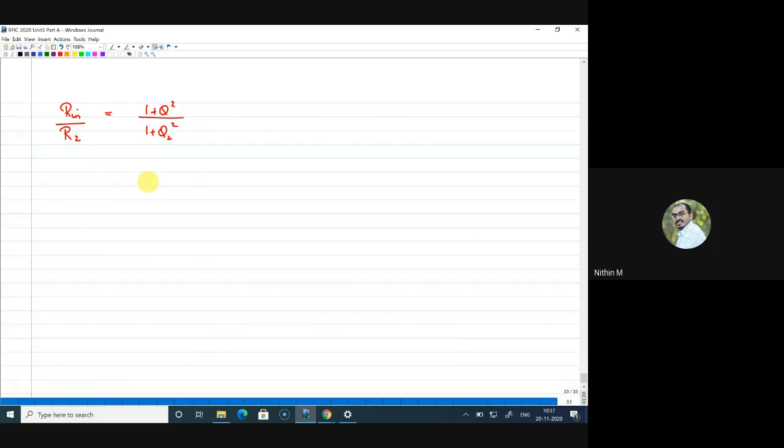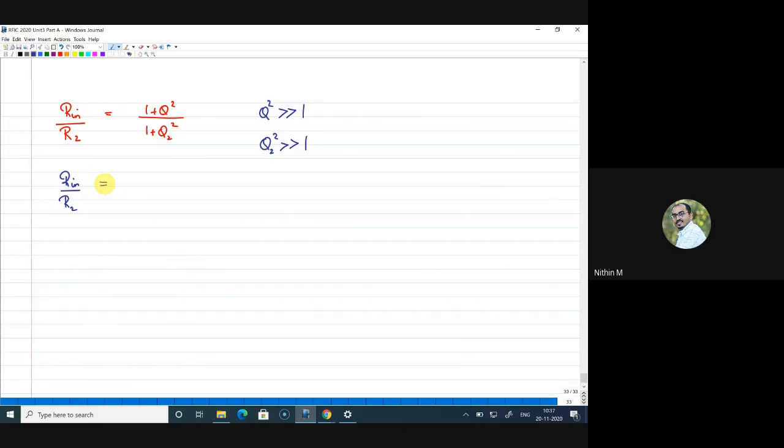Now can you tell me, if I consider Q square much greater than 1 and Q2 square also much greater than 1, can I get the value of Rin by R2?